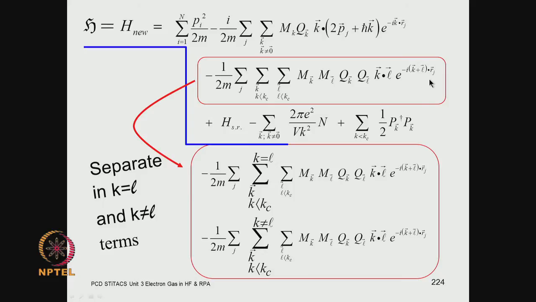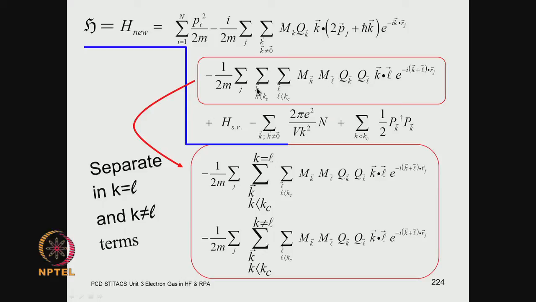Now, look at this term over here. This looks a little messy, and before we simplify it, we will make it messier. What we will do is separate this double sum.